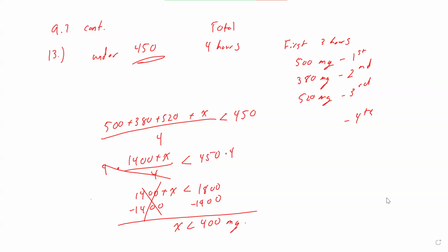The next type of question you'll see is number 14. It says Ashley is planning her wedding and is ordering flower centerpieces. She wants some rose centerpieces and some lily centerpieces. The rose centerpieces cost $225 and the lily centerpieces cost $175.